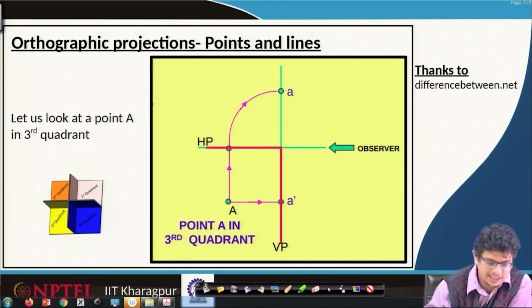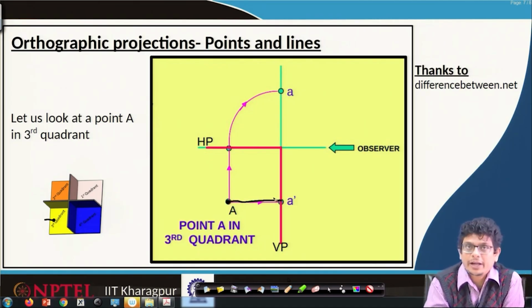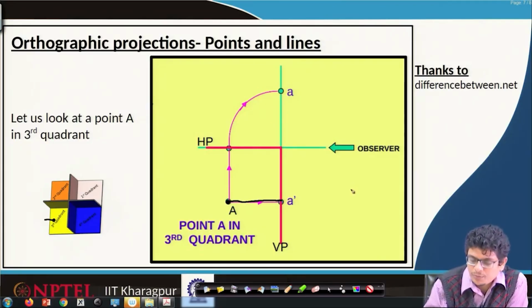That is what we can see here, the point A projected onto this vertical plane. So, we want to project point A onto that vertical plane, and what we are going to do is always fold and unfold the horizontal planes.